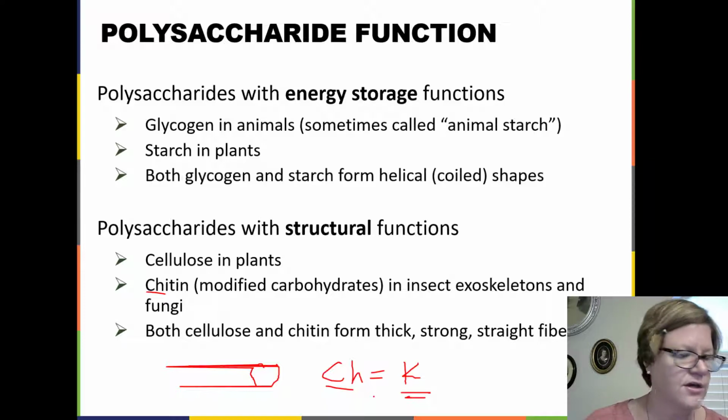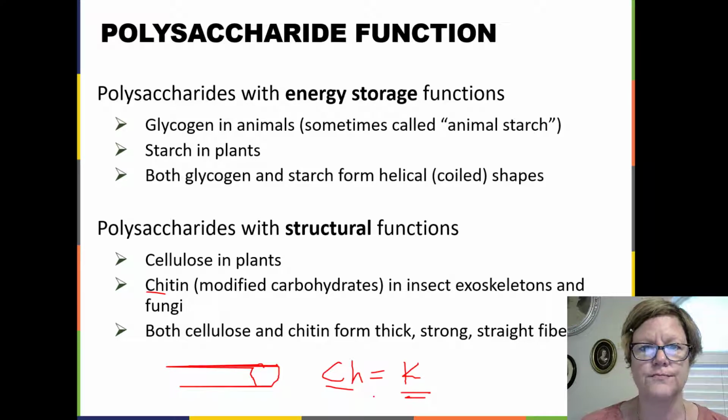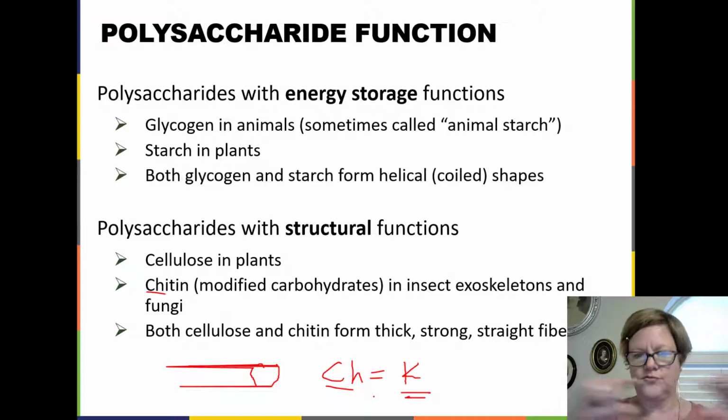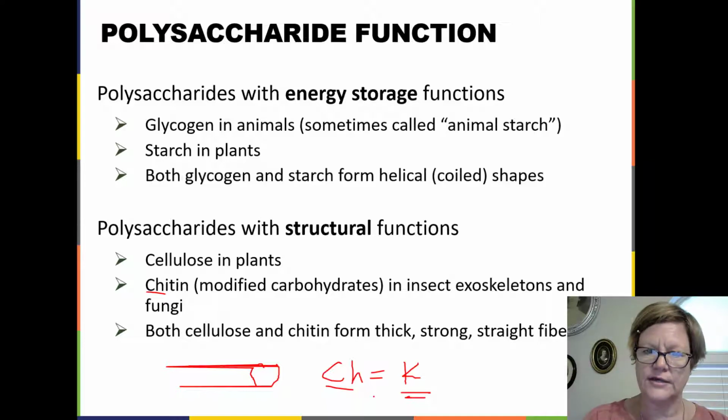I'm sure there's one exception, but 99 out of 100 times it'll be a K sound. So cellulose and chitin, they don't form coiled shapes, they just form straight fibers, like rope. Rope literally is cellulose, and it makes these straight, strong fibers.